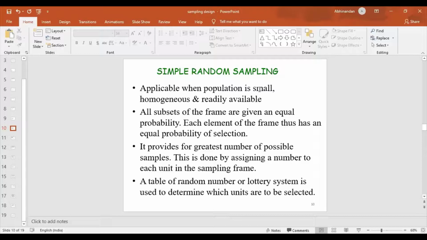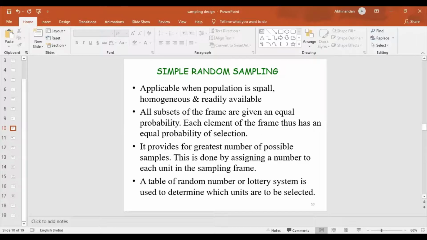So out of 100 students, I prepare chits. I write their register numbers on each chit. Then I put them in a box, and I want only 50, so I pick 50 chits from the total 100 respondents. Whoever comes in the selection is considered a sample.